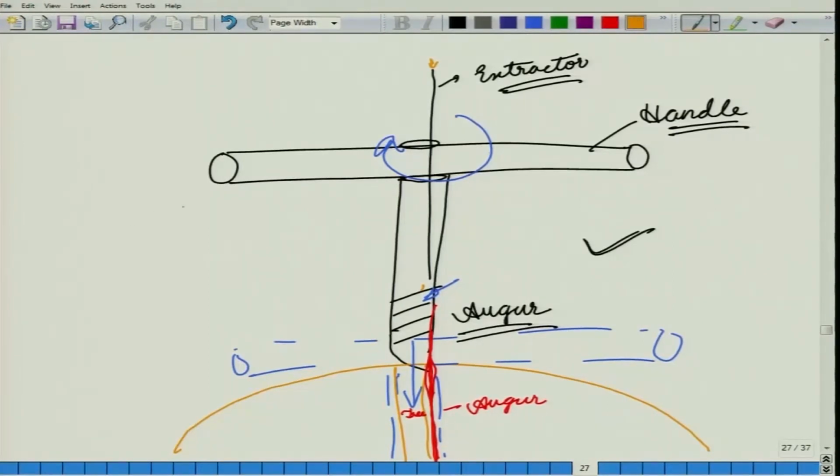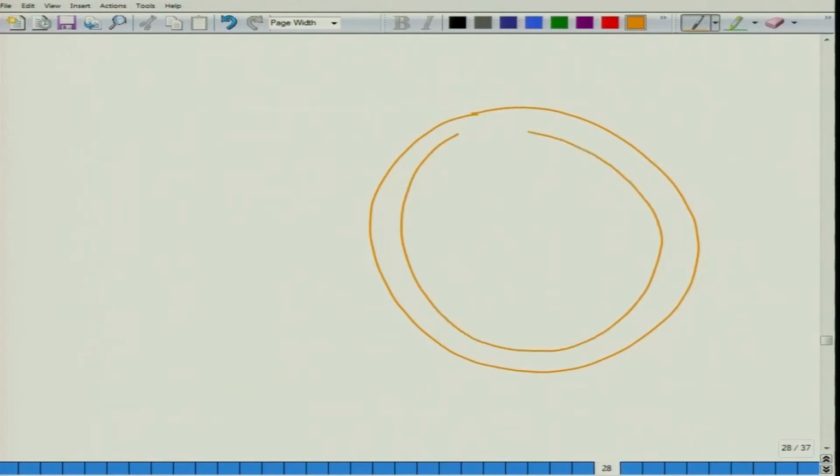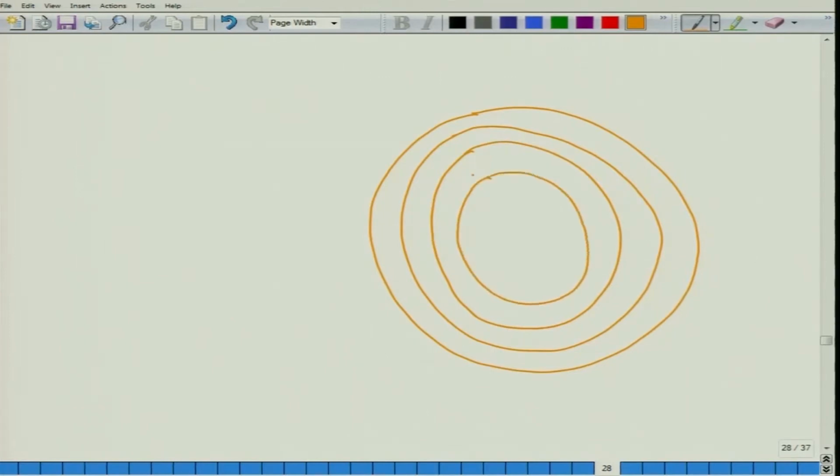When you take this core outside, it would be like a cylinder with all your tree rings as seen on the surface. So, these are the annual rings of the tree. Essentially, you have taken this tree with its annual rings, and then you have taken a portion of it outside in the form of a cylinder.